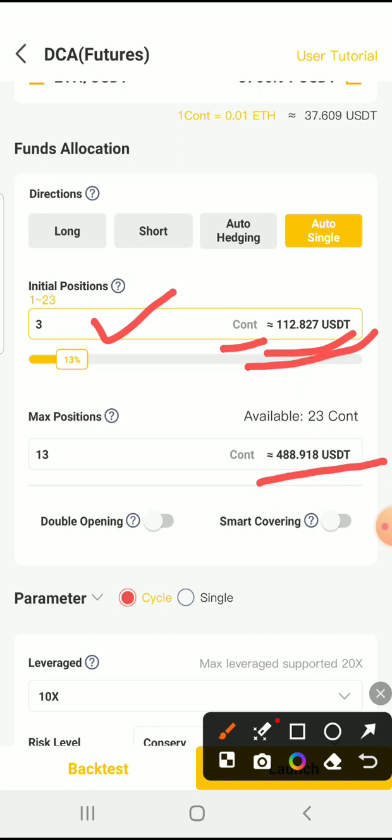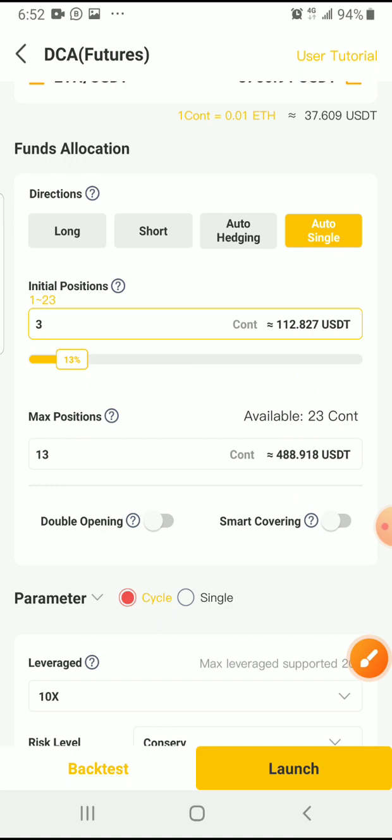Upon the second and the third order, we are going to end up with $488 as our investment. When we slide it further to 4, we have $827. It's way higher than what we intended.